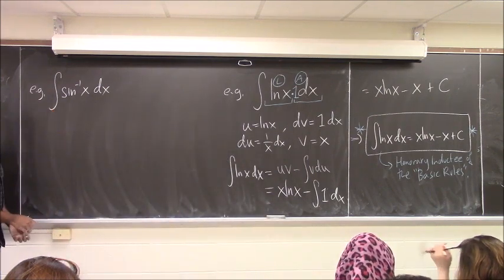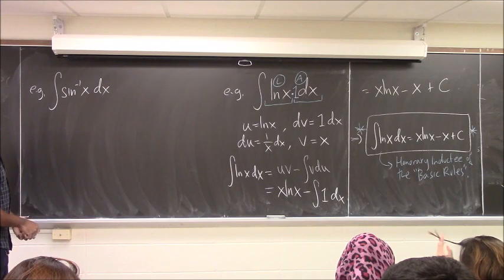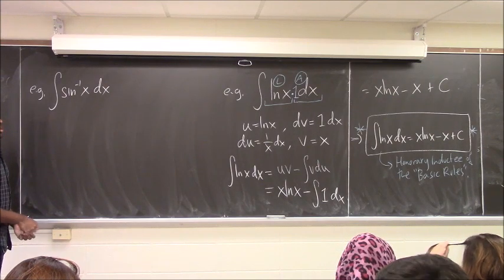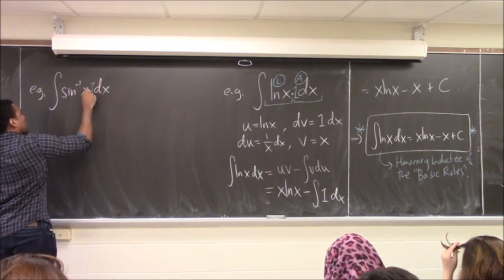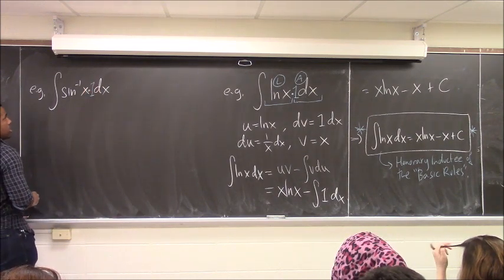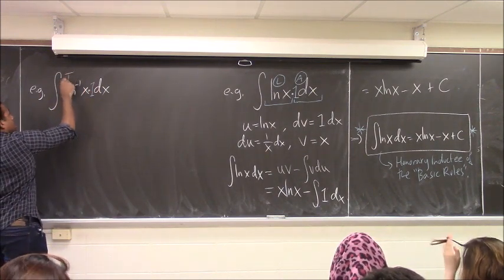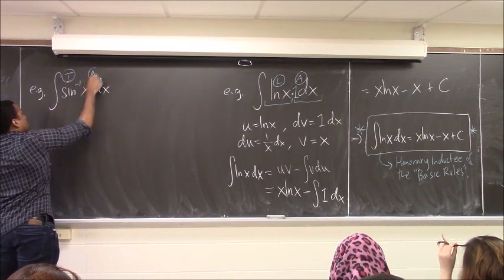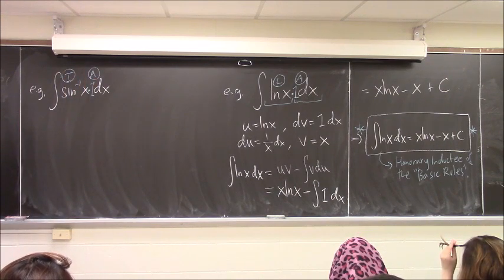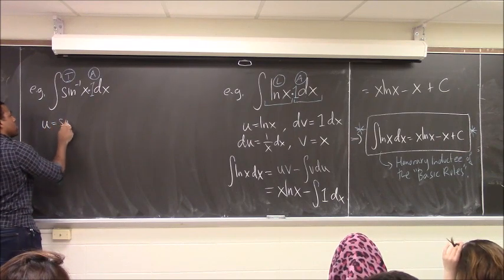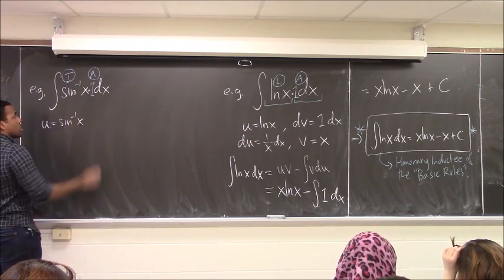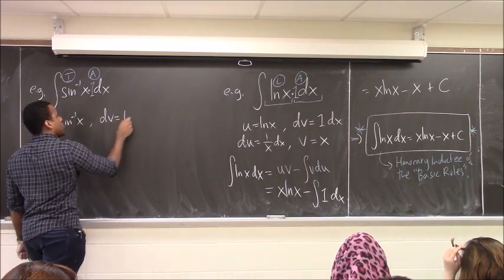It's the integral of sine inverse. You'd use the same kind of trick. Think of that as being a 1 there. Notice that this is an I, the 1 is an A. In LIATE, the I comes first. So you would set your u equals sine inverse, and your dv would be 1.